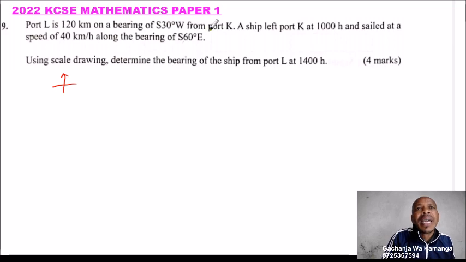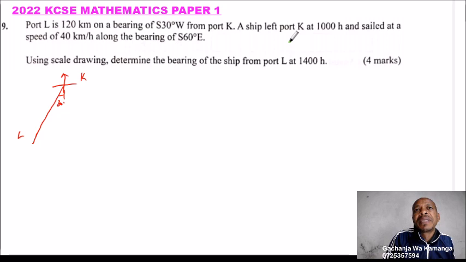So we say this is port K. L is 120, bearing of 30 from south to west. We have 30 degrees. So this angle here is 30. So we say that is port. This is, we can say again, this is our L.